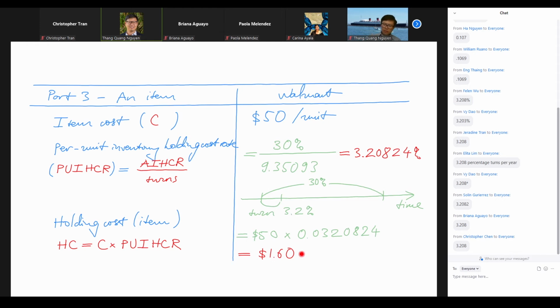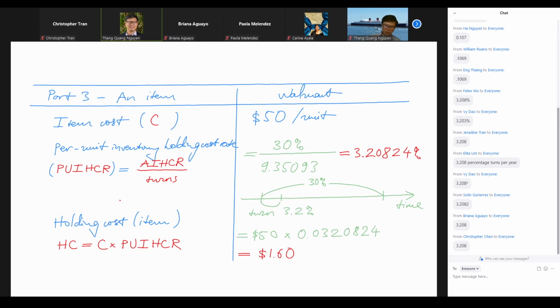So the decimal places are definitely necessary in the calculation. Okay, so again, here we are talking about a particular item at Walmart. We don't have the item yet. The manager is doing a pre-calculation to see if it is justified to carry the item or not, right? So we know the item cost, we know the per turn charge rate, and now we know the holding cost of the item during one turn.